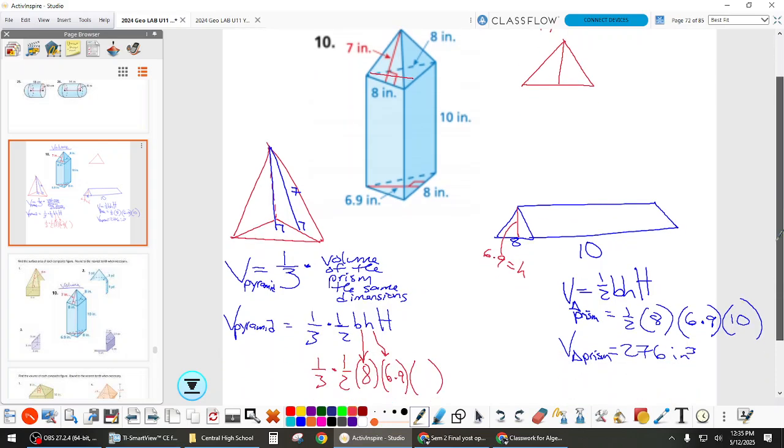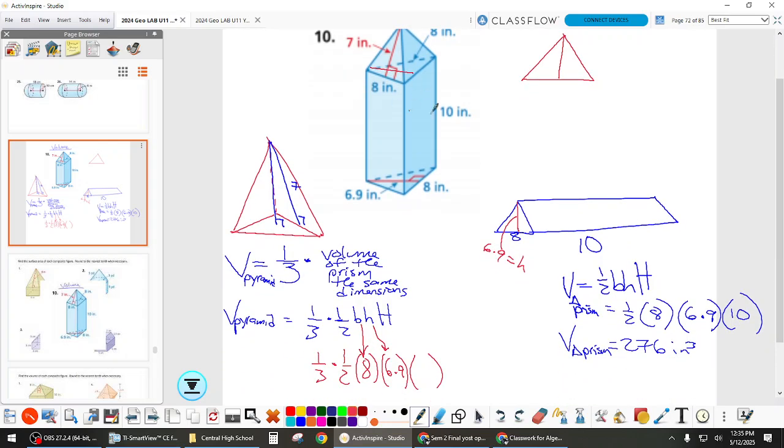Alright, so we have found the volume of the base prism. So triangular prism that's kind of holding this pyramid up, which we got 276, and then we're working on finding the volume of the pyramid at the top, which is a triangular pyramid, so a third of any pyramid. The volume of any pyramid is a third of the prism.